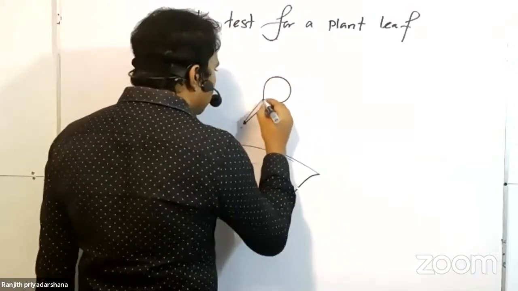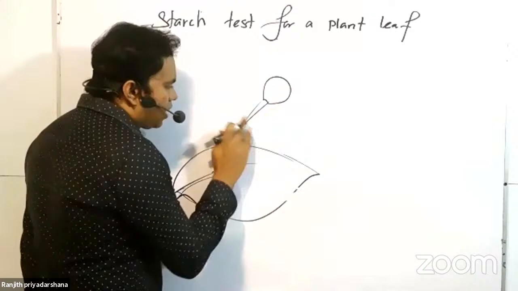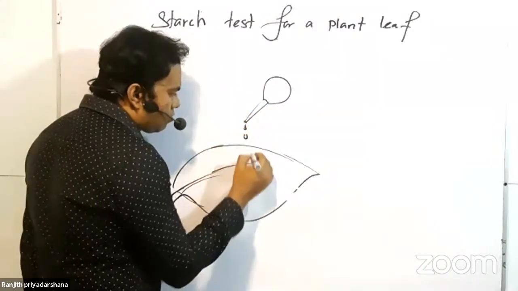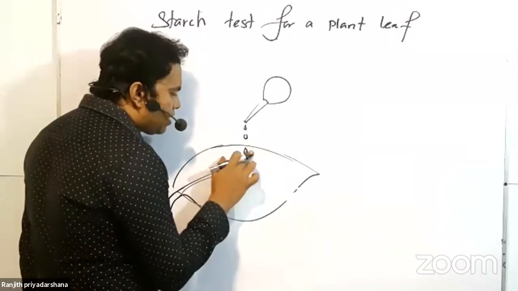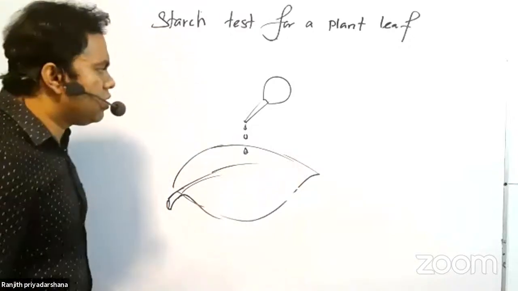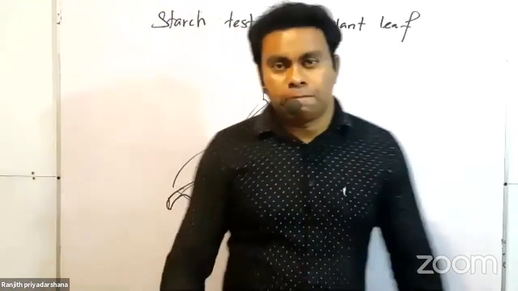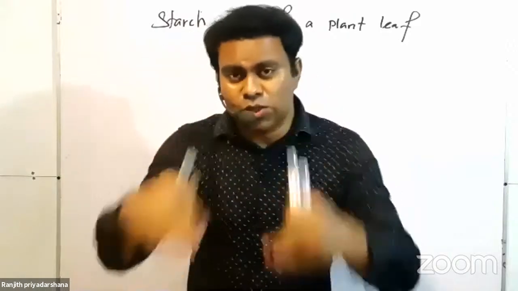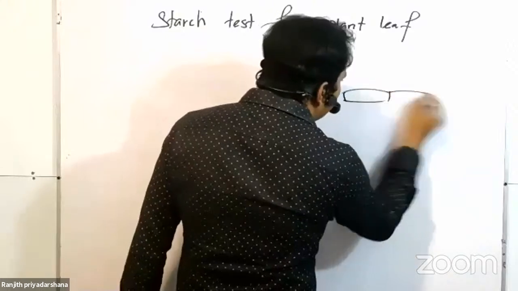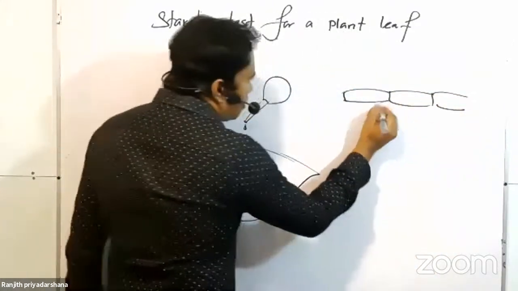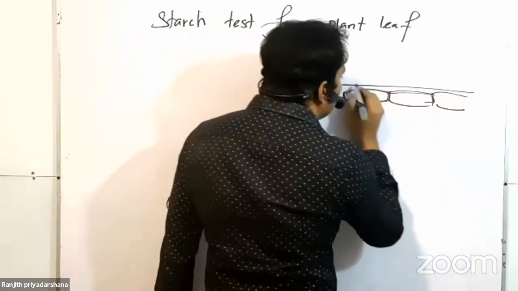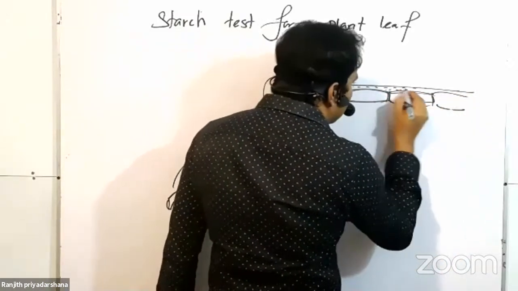This experiment is in the grade 9 science book. Though we apply this iodine on the plant leaf, it does not penetrate into the plant cell. Okay, so you know the layers of the plant leaf. Sometimes this epidermal cell layer, in addition to that, a waxy cuticle layer exists.